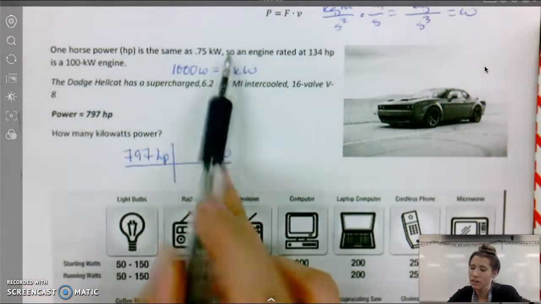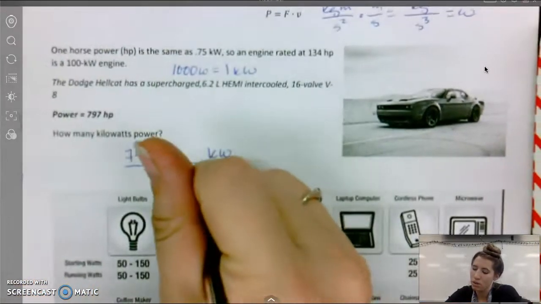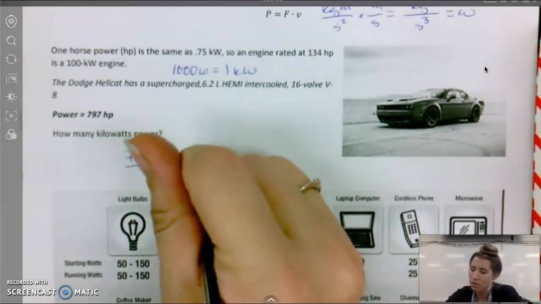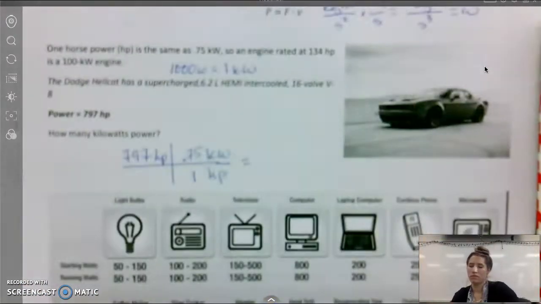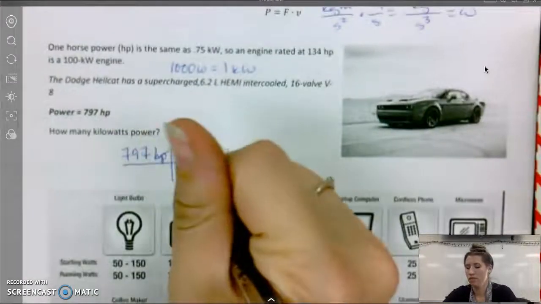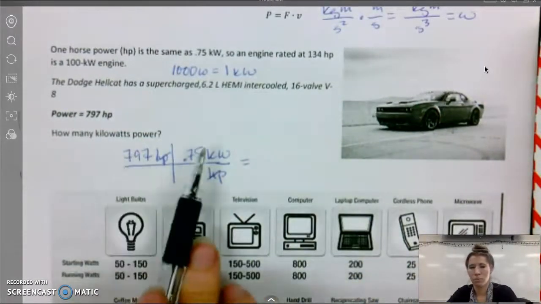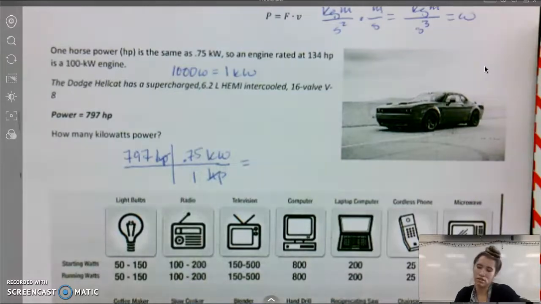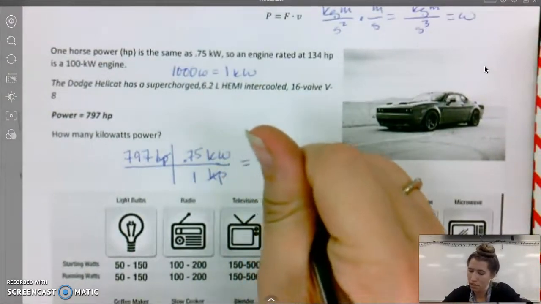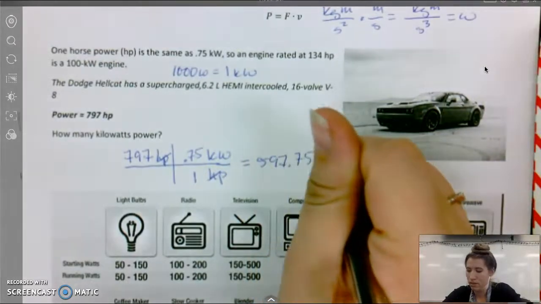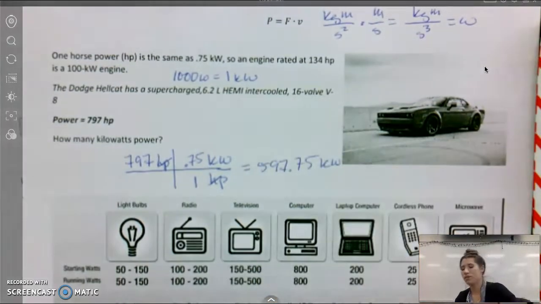Up here, it tells us that 1 horsepower is the same as 0.75 kilowatts. So this multiplied by this divided by that gives 597.75 kilowatts, or 597,000 watts.